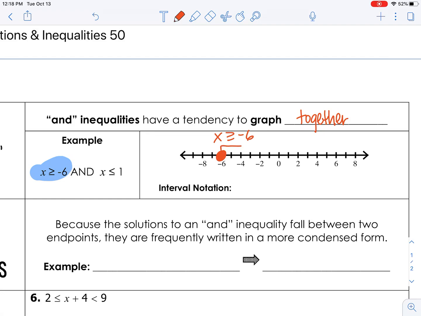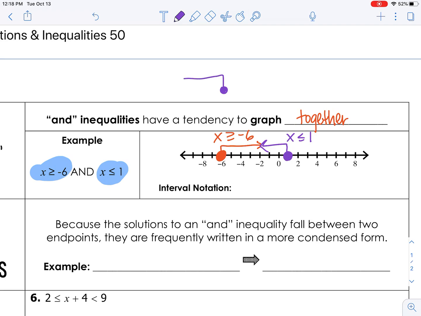The variable's on the left, so I can trust the direction that the inequality is pointing. It is pointing to the right. Next, we'll work on x is less than or equal to 1. I need a closed circle over the number 1, and because the variable's on the left, I can trust the direction of the arrow. I need to draw an arrow that goes to the left.